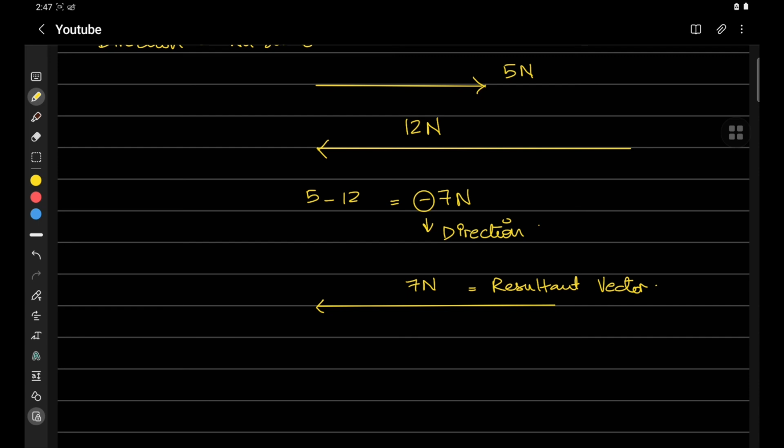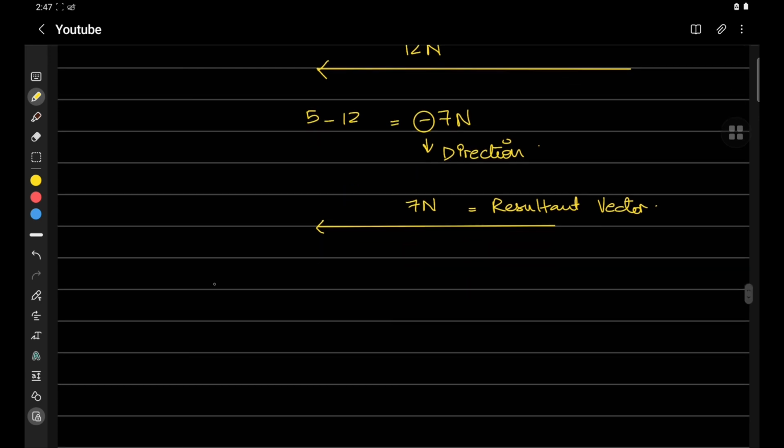If you're moving in the forward direction, you'd call that positive. But if you're moving backwards, then you would call it negative. This is the convention that you set for yourself: if I'm moving forward, I'm moving in the positive direction, and if I'm moving backwards, that would be the negative direction.